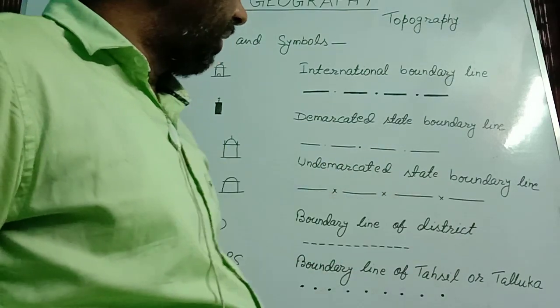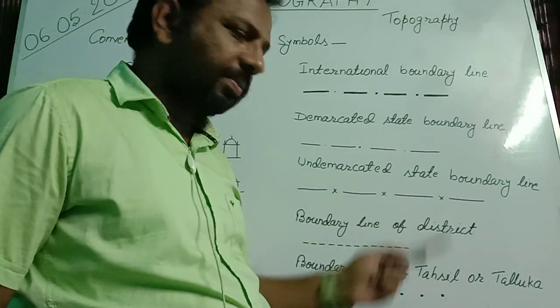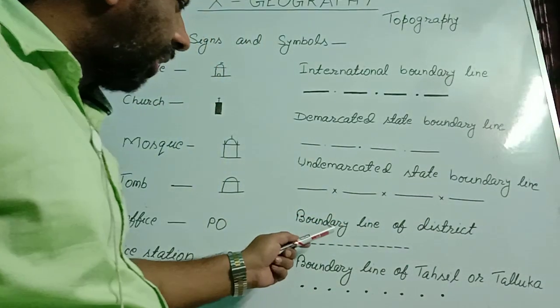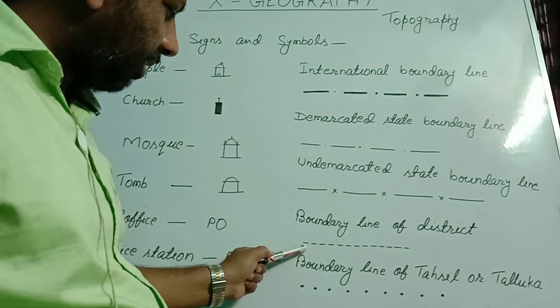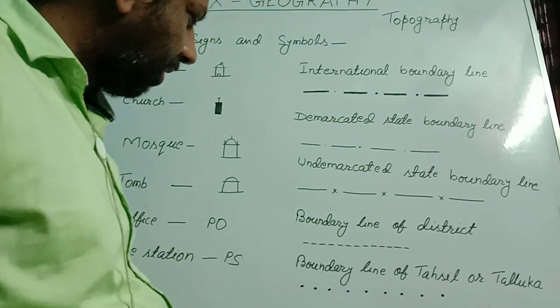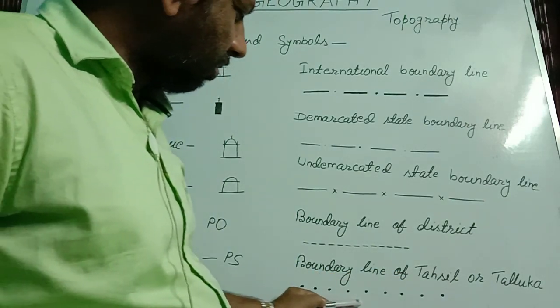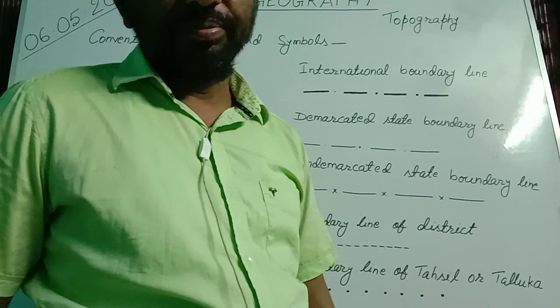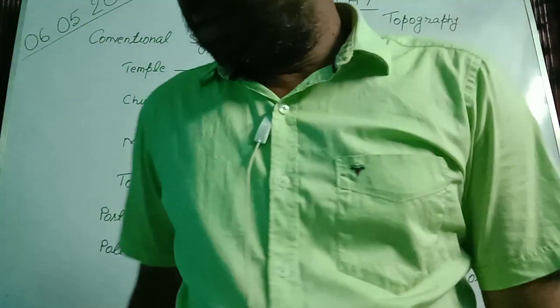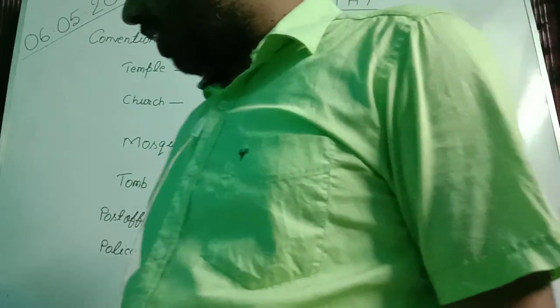Undemarcated state boundary line: in place of the dot you will have a cross. Boundary line of district, these dots. Boundary line of Tehsil, this is the symbol of the boundary line of Tehsil. And we completed the explanation of topography.